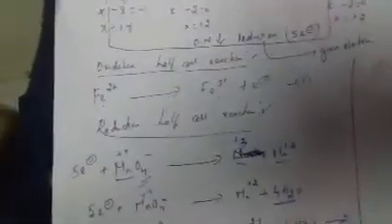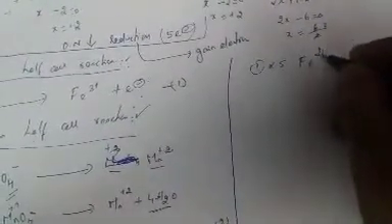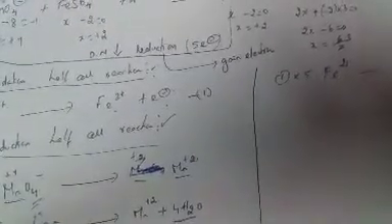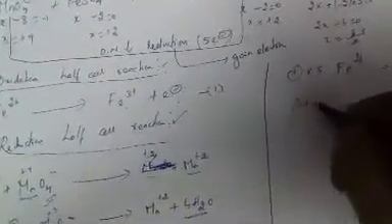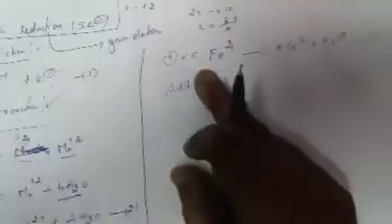After that, we have to add the 2 equations. Multiply equation 1 by 5, and what do you get? The first equation, 5 Fe2+ gives 5 Fe3+ and 5 electrons. We take this equation as 3. Now you add 2 and 3.